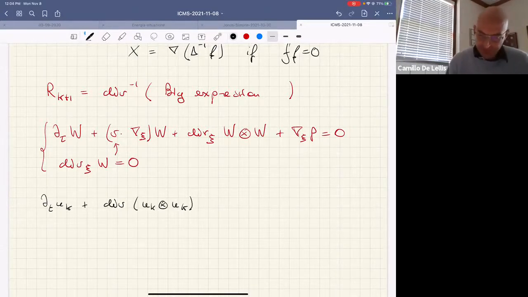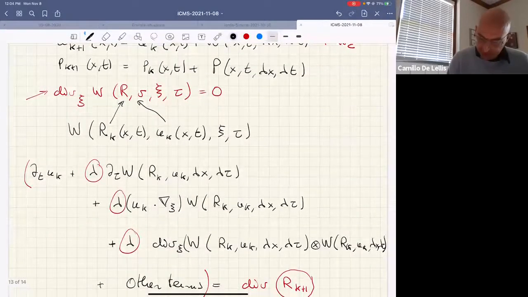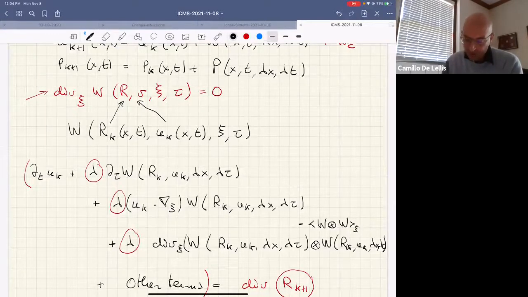Now let me do something interesting over here. You see, here I wrote that I have divergence psi of W tensor W. So I can subtract from here the averaging psi of my function W tensor W, because this function now does not depend on psi anymore, and so I'm not seeing it in this divergence condition.